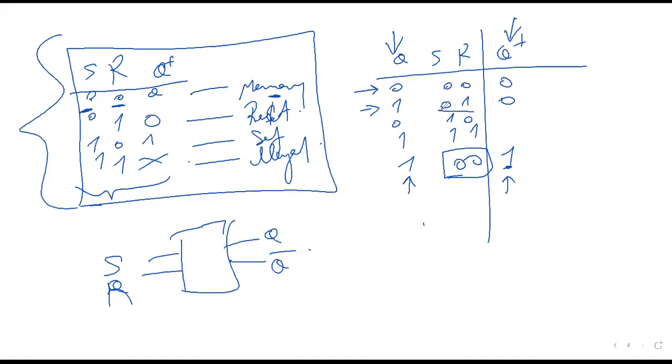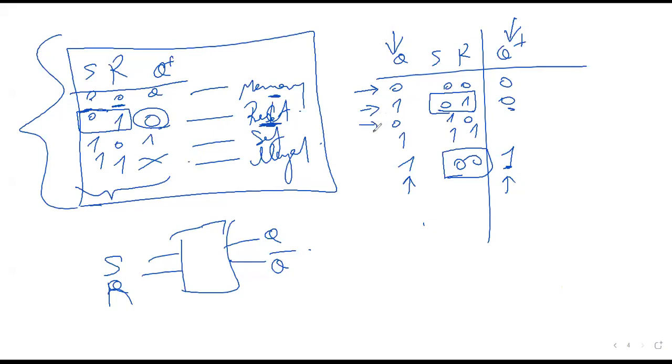Because S is equal to 0, R is equal to 1. When S is 0 and R is 1, we have what we call the reset state. For the reset state, whatever the present state is, you get a 0. That's why we have a 0 here.